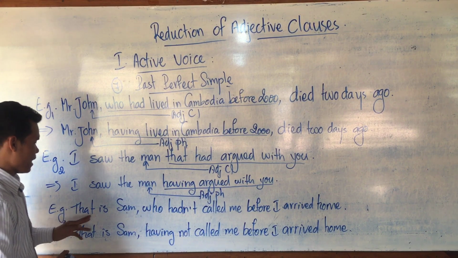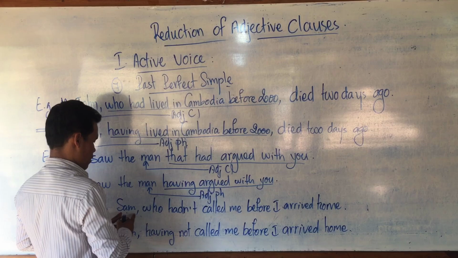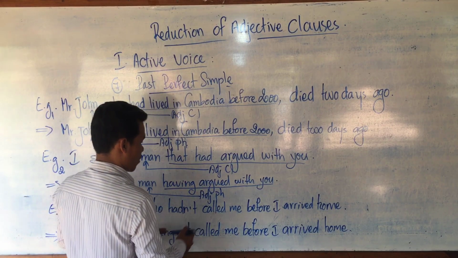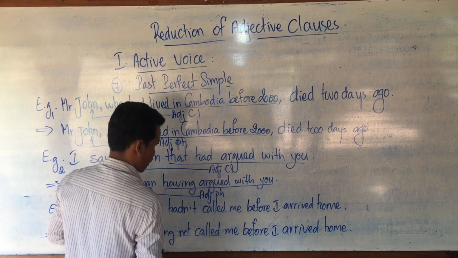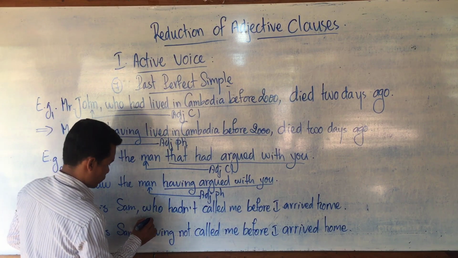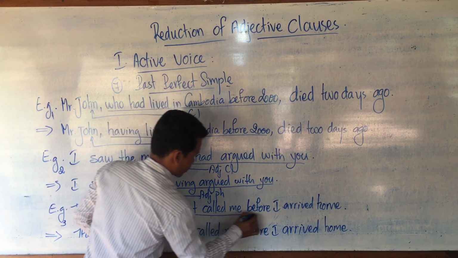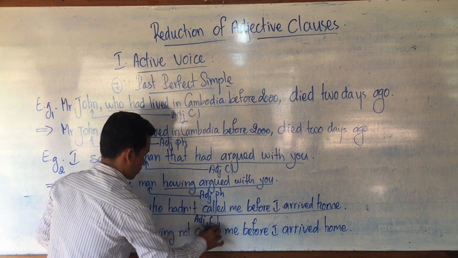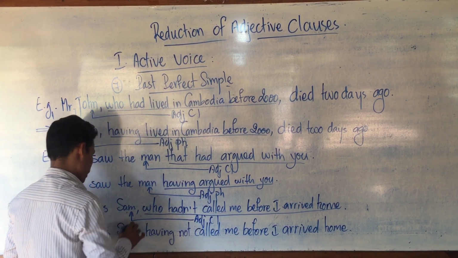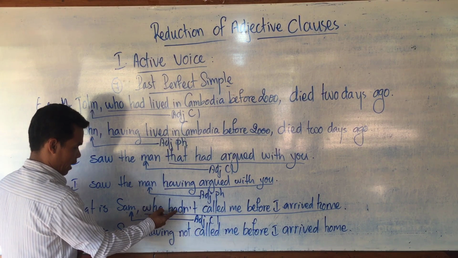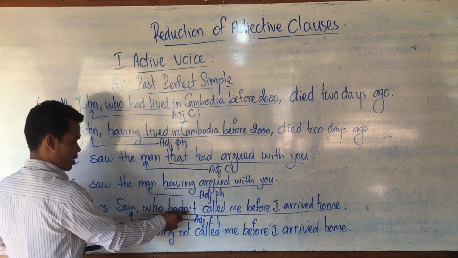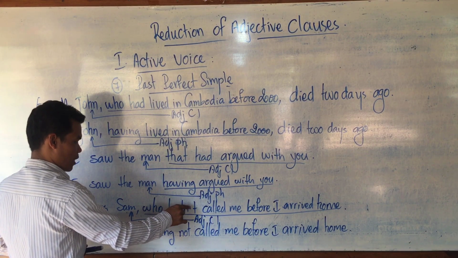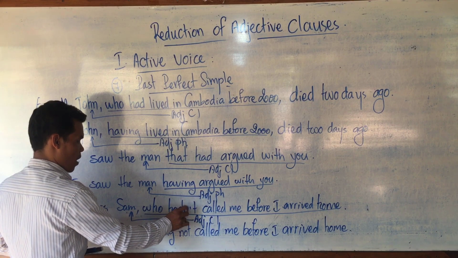Number 3: Sam, Sam is a proper noun, who hadn't called me before I arrived home. From who to arrived home is the adjective clause, a non-defining relative clause, modifying Sam. It is negative because n't here is a short form of not.